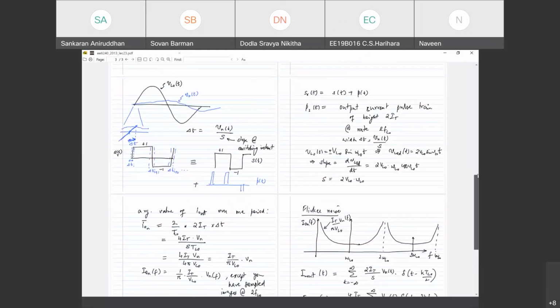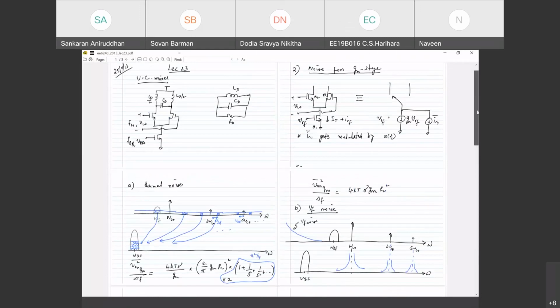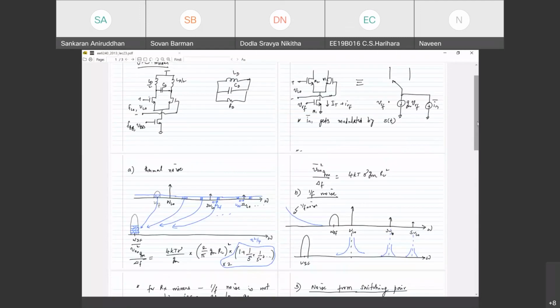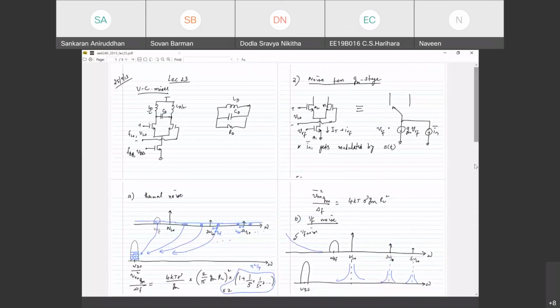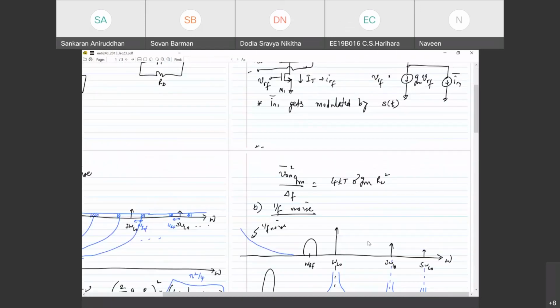Yes, sir, from the beginning of this lecture, the noise from the GM stage, the 1 over f noise. So you're talking about this portion.